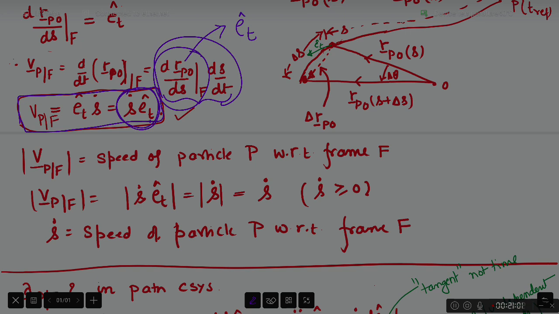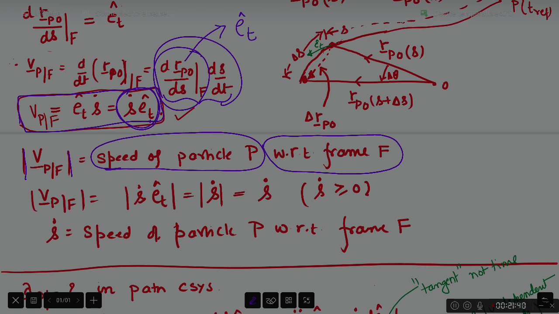Now the magnitude of VPF is also called the speed of particle P with respect to frame F. This is a scalar. Of course, the magnitude of any vector is a scalar. So in that way, the speed of a particle is a scalar. But keep in mind that the speed of particle P by itself doesn't mean anything. It is sensibly defined only when you also mention with respect to which frame.